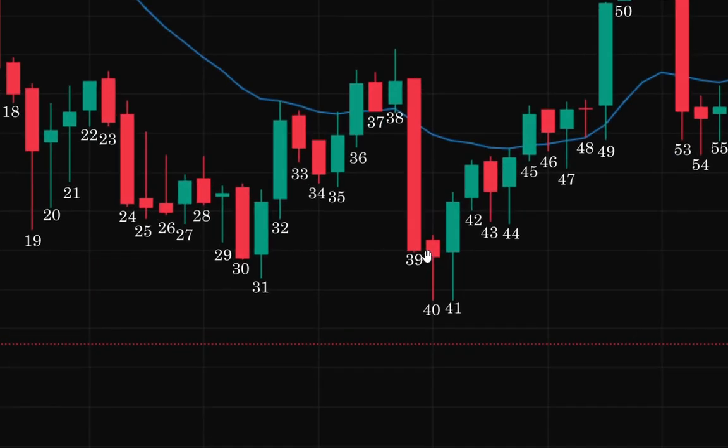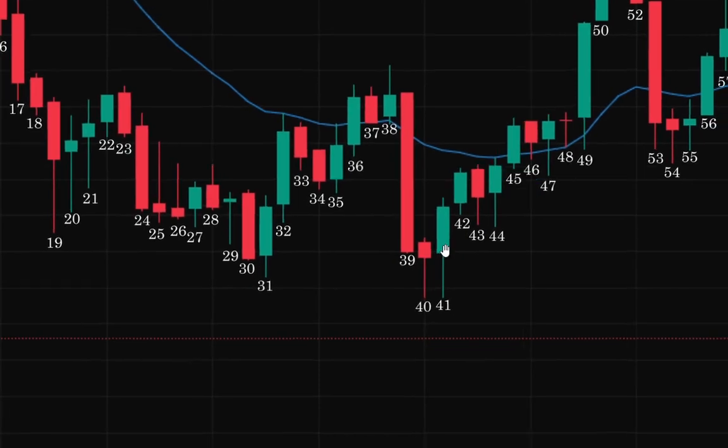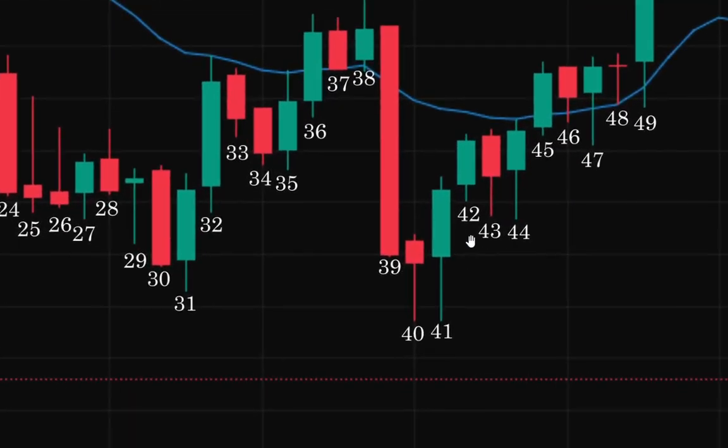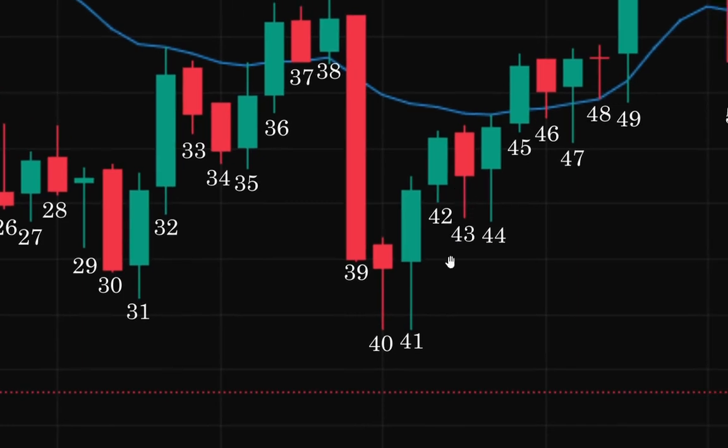Sometimes when you see such a bear bar, we start entering around this place or this place, hoping that the market will go down, but eventually it turns up. Suppose we think of this as a breakout of bar 35, and we want to enter for a pullback.